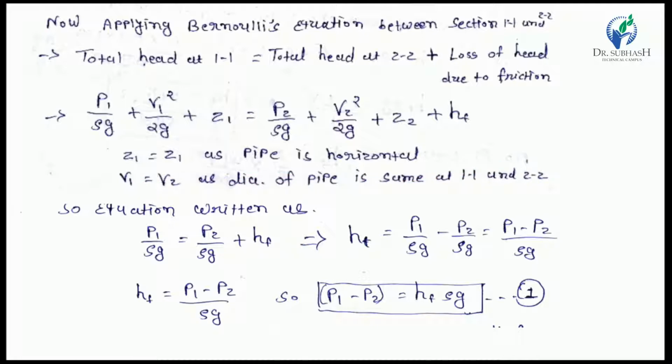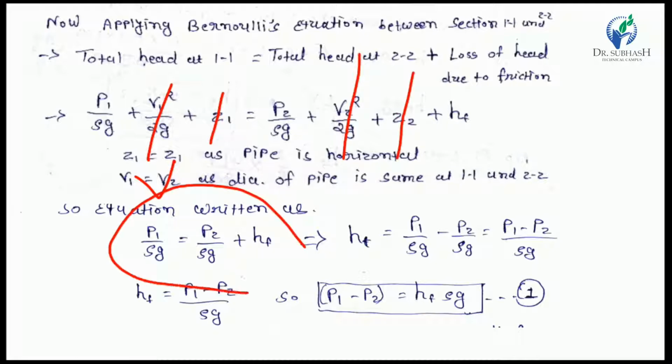Now here we consider the pipe is horizontal, so datum height at section 1 and section 2 is equal. So Z1 is equal to Z2, and these cancel. We consider steady flow, so velocity is constant at section 1 and section 2. So V1 is equal to V2, and it also cancels from the equation. So the equation in short has only HF and pressure: P1 upon rho g is equal to P2 upon rho g plus HF.